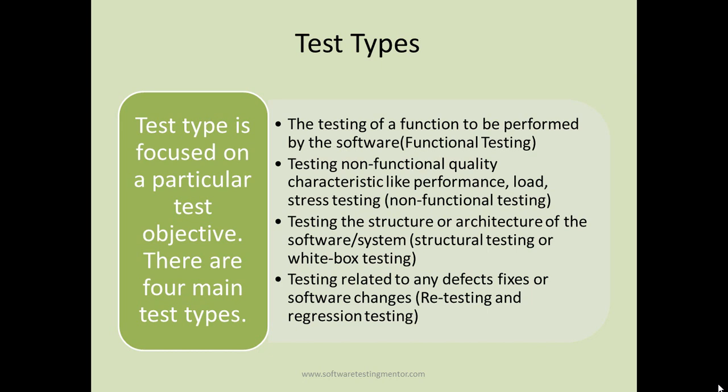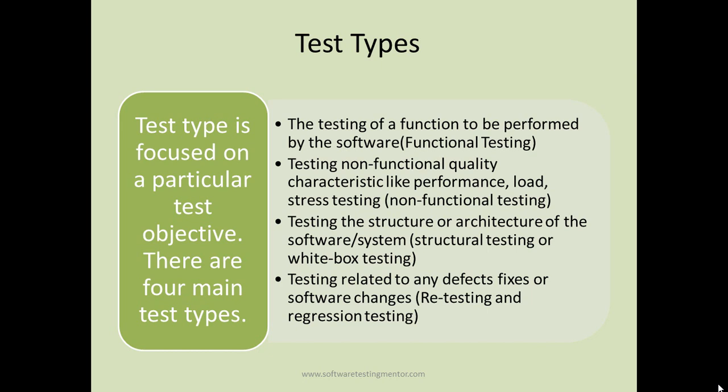And then the fourth test type is testing related to any changes or defect fixes. The main test types in this category are retesting and regression testing. So these are 4 major test types in the software development lifecycle, and you can classify most of your testing types into one of these 4 categories.